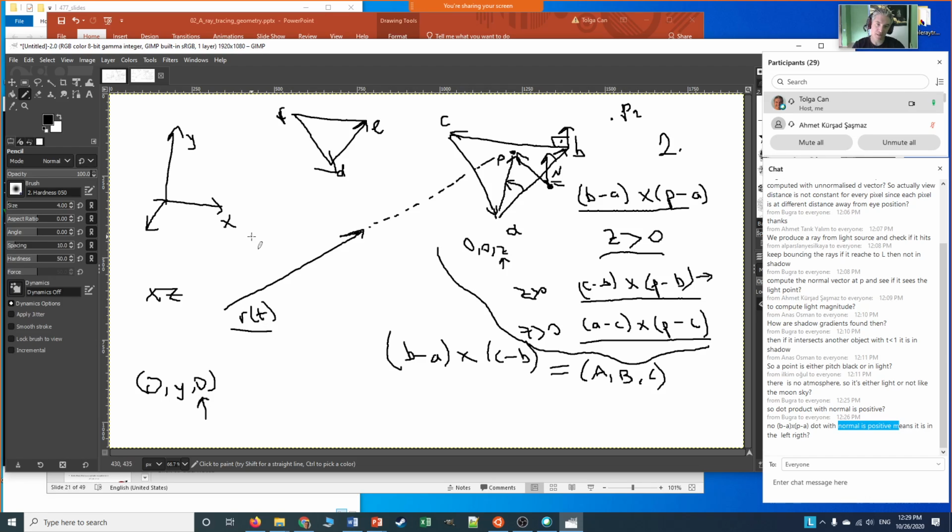But what you should be clear about is that for an arbitrary triangle, if P is inside the triangle, the normal, which we have defined as b minus a cross p minus a, should be pointing upwards from the triangle, and these may be arbitrarily oriented vectors.